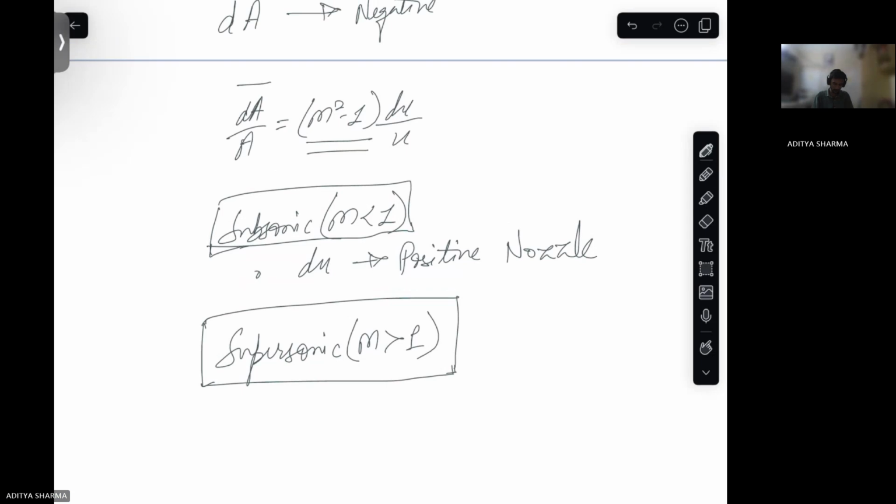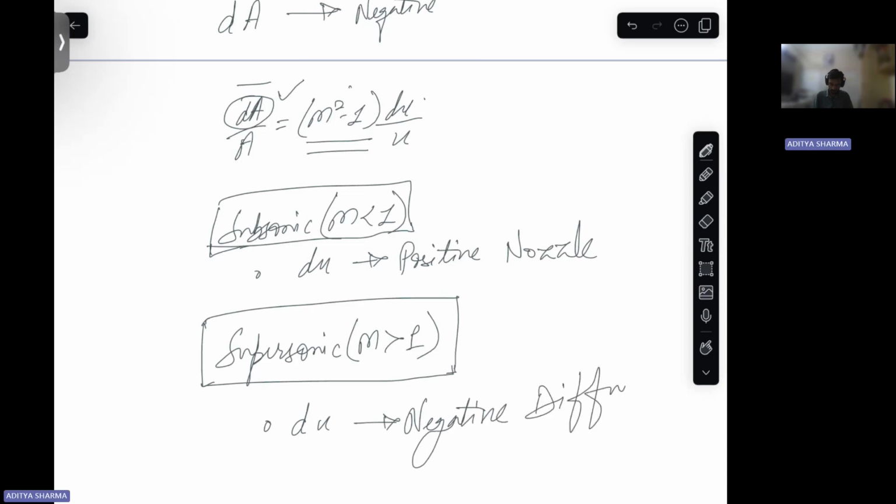Now dA is negative for converging. So if this is positive, this will have to be negative. du is negative. Flow is decelerating, which means it will act as a diffuser.